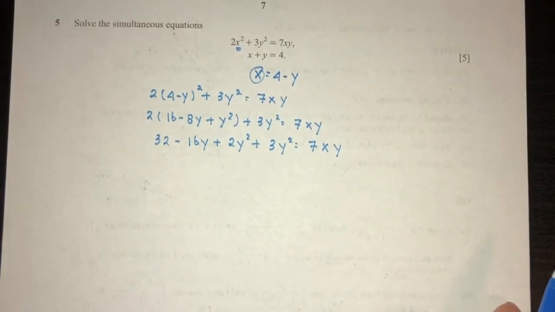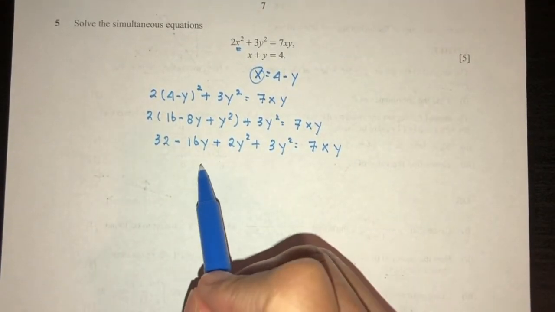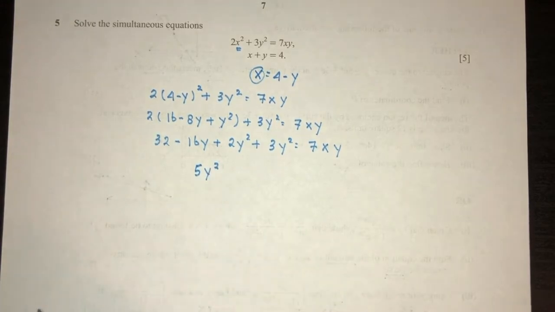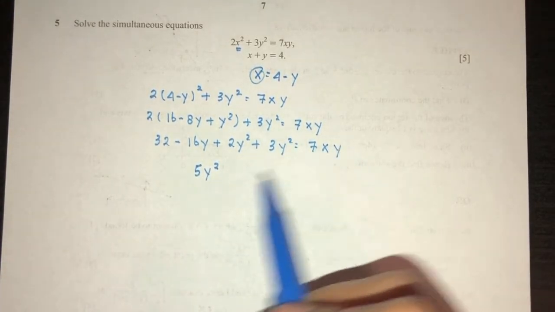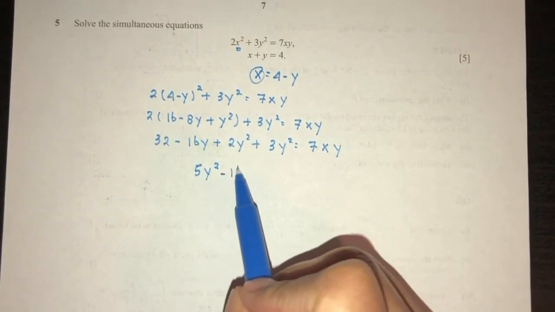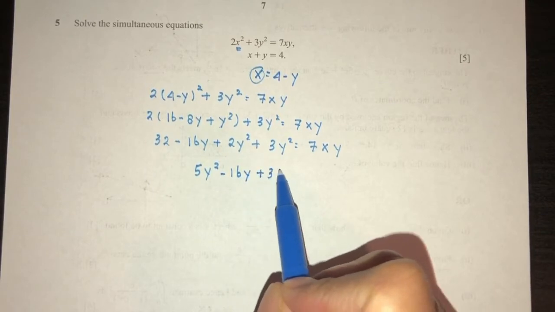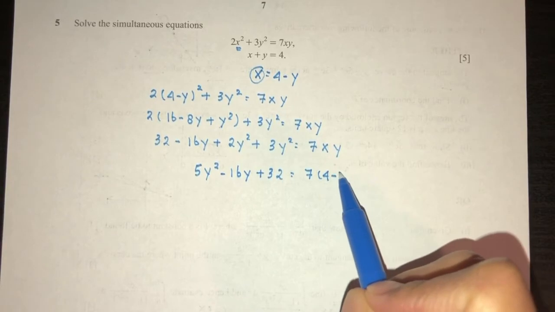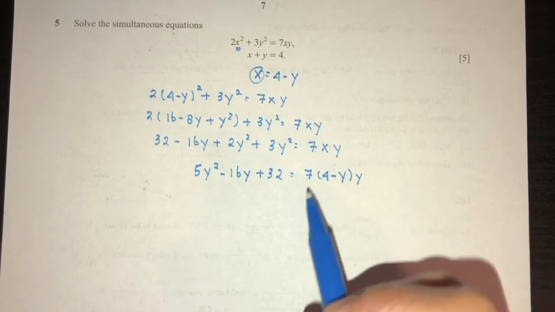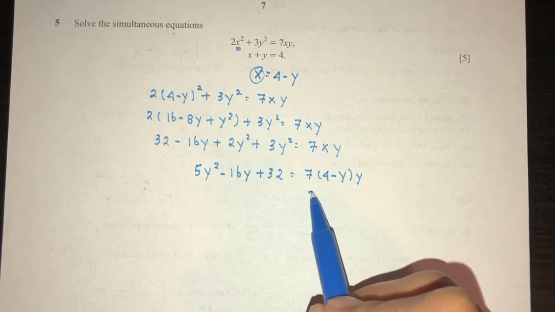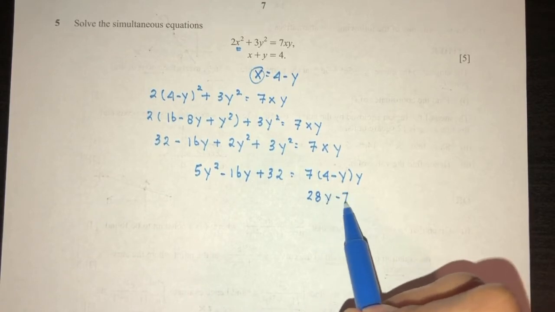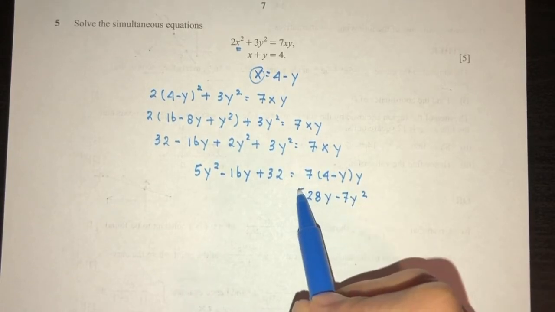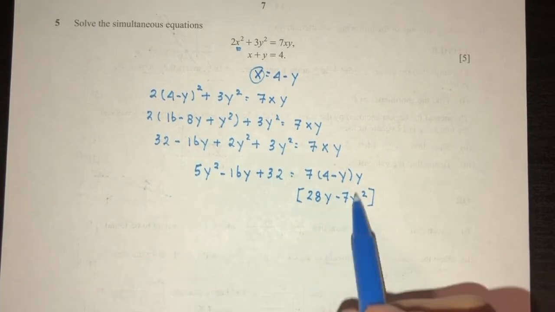Now we can solve. This 2y square plus 3y square will become 5y square. Here we have to replace as well. We have minus 16y plus 32. 7x is 7 times (4 minus y) times y. This will become 28y minus 7y square. So we send everything to one side.